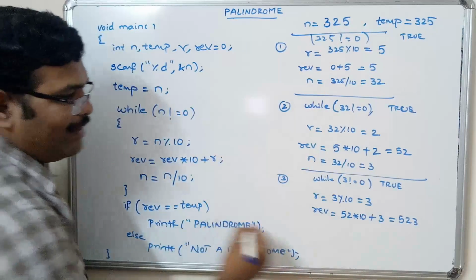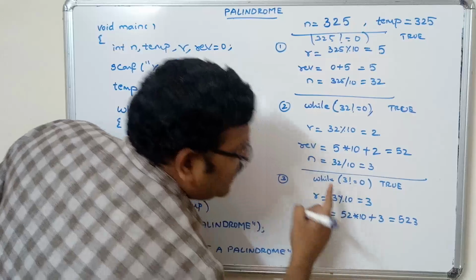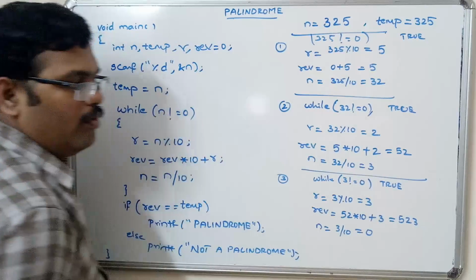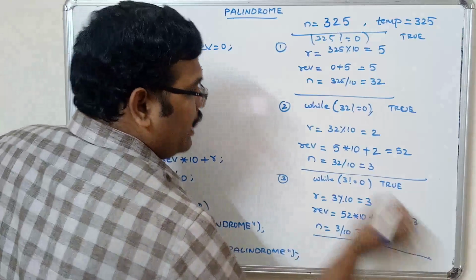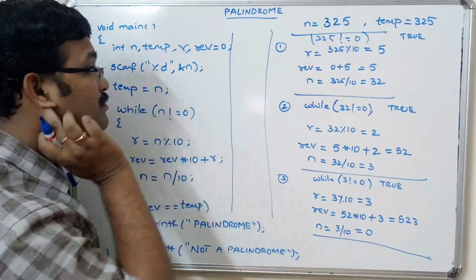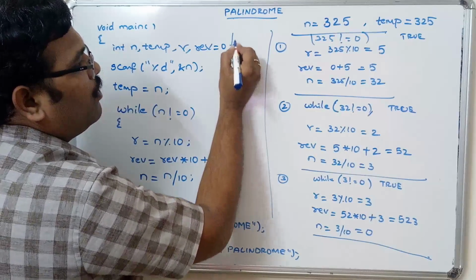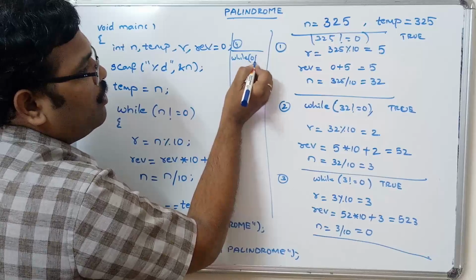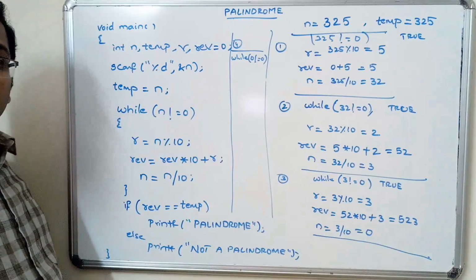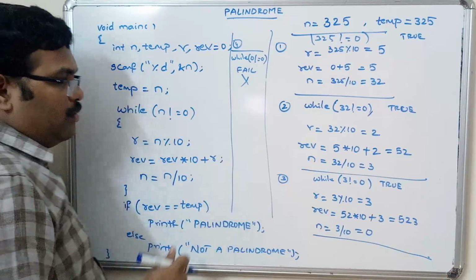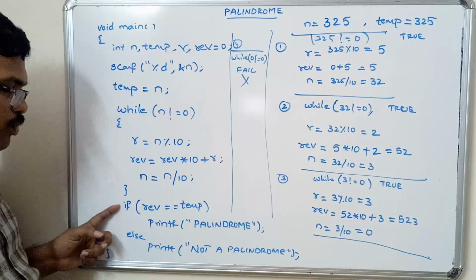Next, update the n value. n is equal to n by 10, so 3 by 10, which is equal to 0. After that, again check the condition. Fourth iteration, while 0 not equal to 0. So here the condition failed, and the control will come out of the loop.